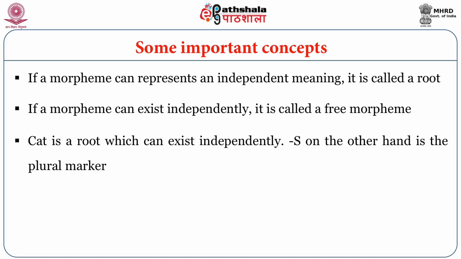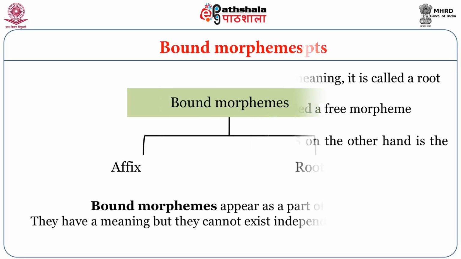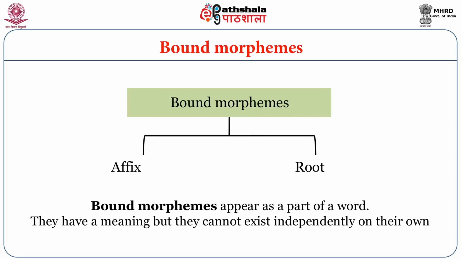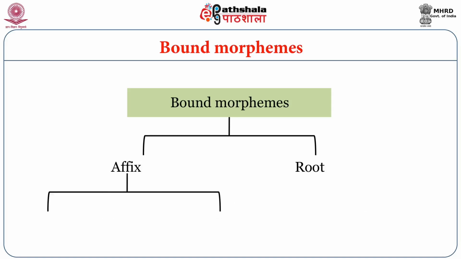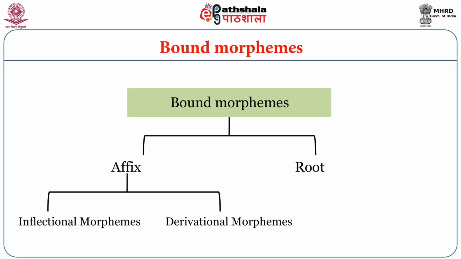But when we add s, this s on the other hand is the plural marker, but on its own s has got no meaning to convey. Bound morphemes appear as a part of a word. They have a meaning, but they cannot exist independently on their own. They are further classified into inflectional morpheme and derivational morpheme that we are going to discuss in this particular module.